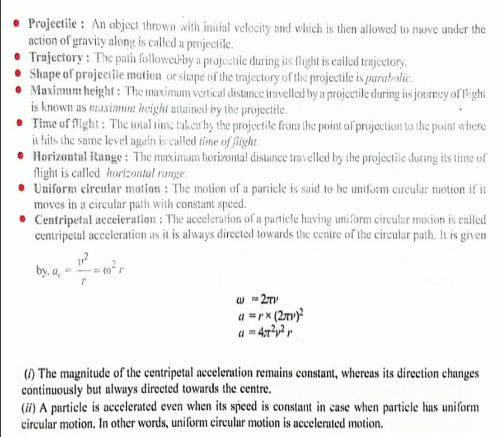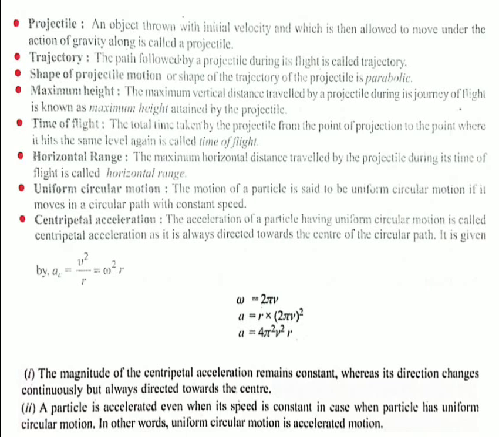Here the maximum vertical distance reached by the projectile during its time of flight is known as the maximum height attained by the projectile. The expression which we have obtained was hm is equal to v naught square sin square theta naught upon 2g. Next term, time of flight.